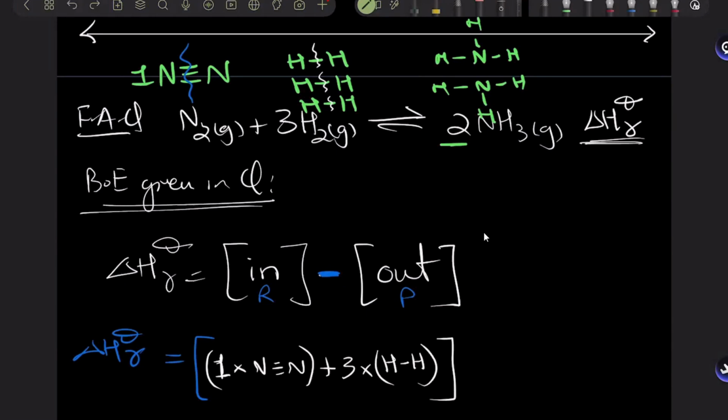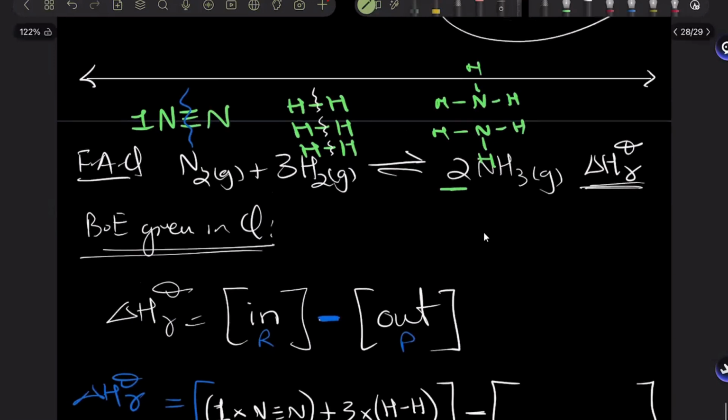All right. So I'm done with the reactants. I've broken all the bonds. And then minus, what are the bonds formed on the product side? It's nitrogen-hydrogen single bonds, right? 1, 2, 3, 4, 5, and 6. So 6 times the nitrogen-hydrogen single bond is being formed in the products.